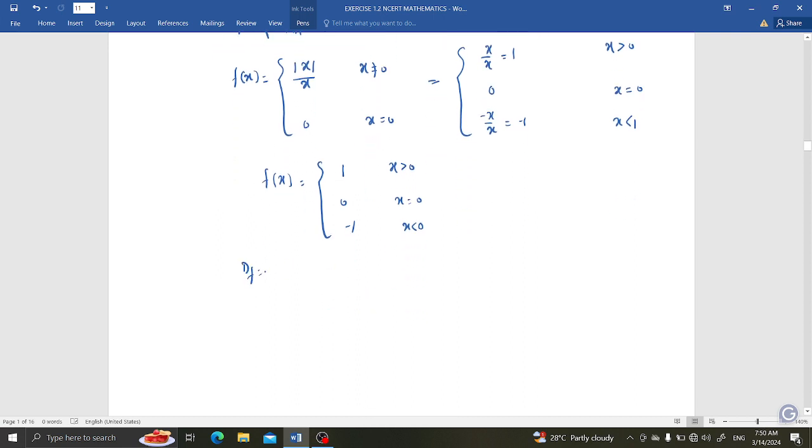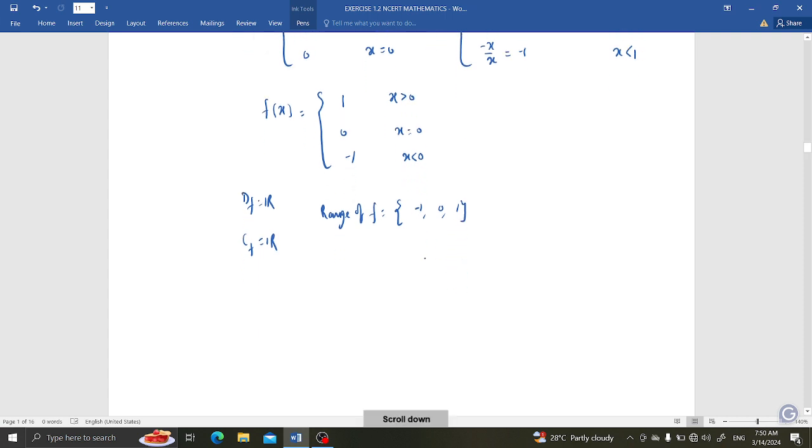The domain of this function is complete R, and the codomain is also complete R, but the range of f contains only 3 elements, minus 1, 0, and 1 only.